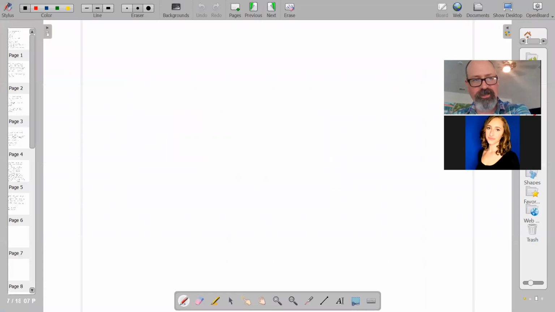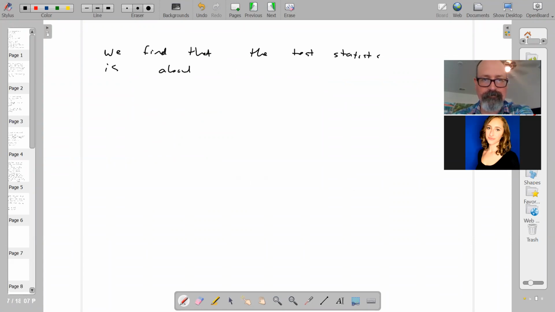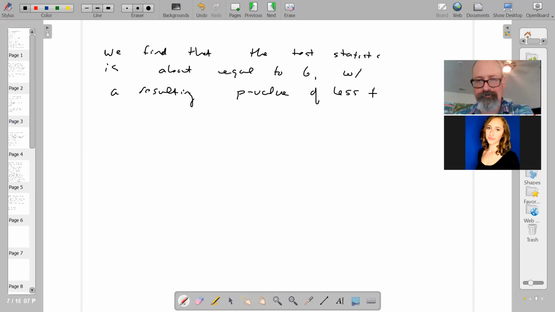When you run the statistical test, we find that the test statistic is about equal to 6, with the resulting p-value of less than 0.0001.